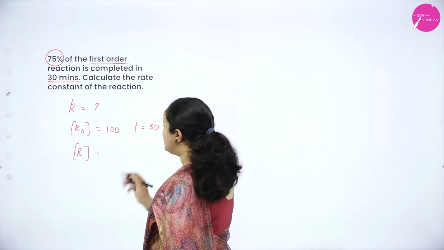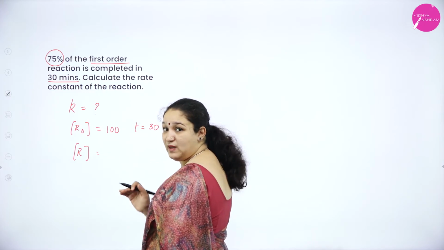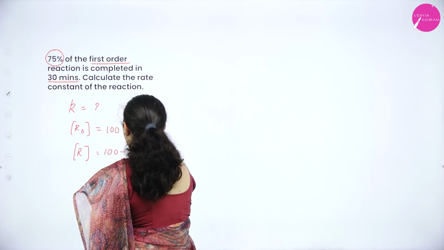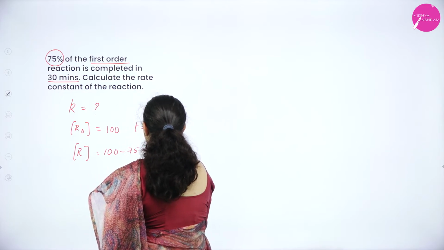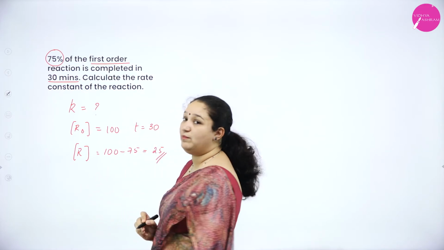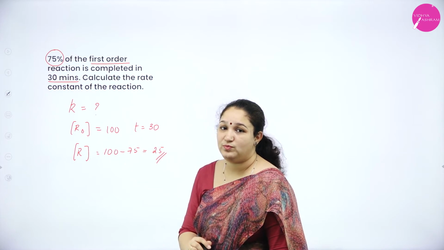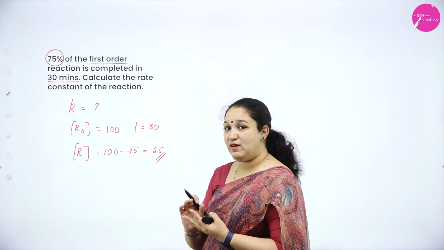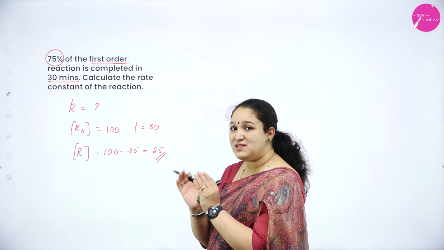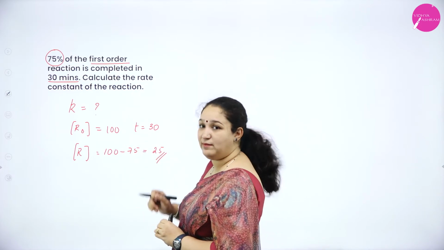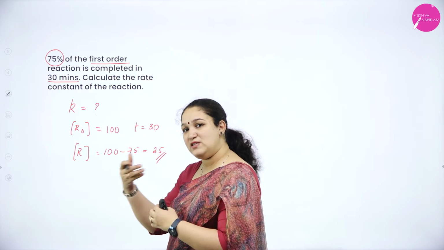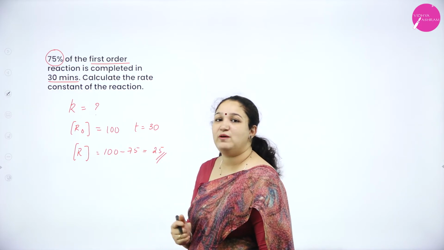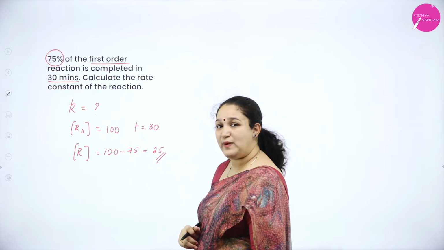So 75 is completed, so 100 minus 75, how much you will get? 25 will be R value, not 75. Because 75% is completed, R is the remaining concentration after time t, isn't it? 75 is utilized. So out of 100, what will remain? Only 25% will remain. That's why it is 25.